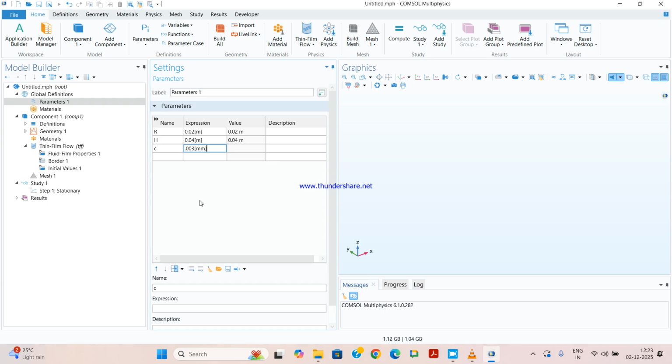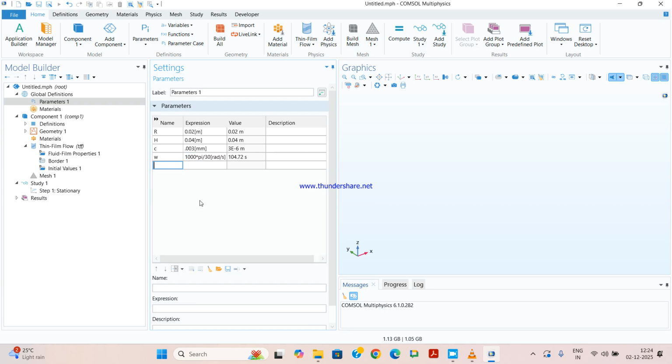It's a generic thing. And the RPM you can take, say, 1000, just for example. So convert RPM into radian per second: you multiply by pi by 30, and this will be your radian per second.